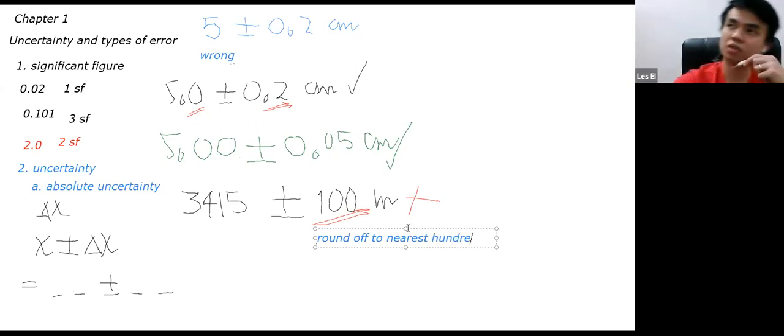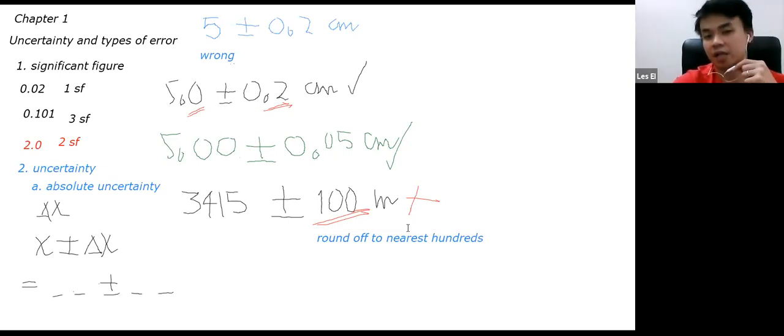So for the absolute uncertainty, if you are writing a report, not when you calculate or answer exam questions, usually if you want to write it to the nearest 100, you can write plus minus 100, plus minus 200 or 300 and so on.